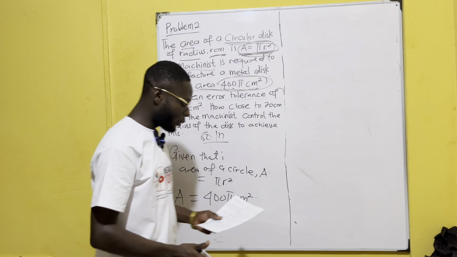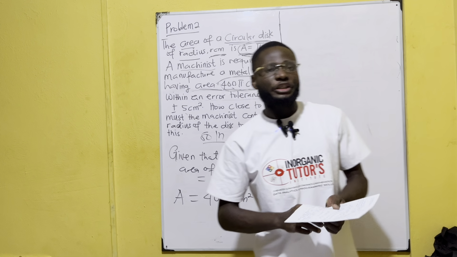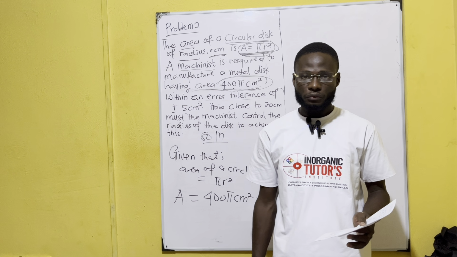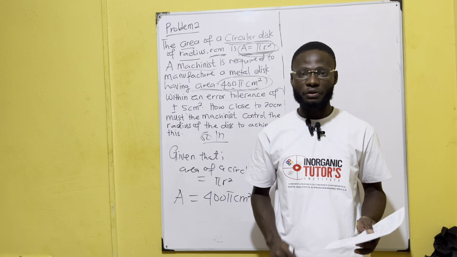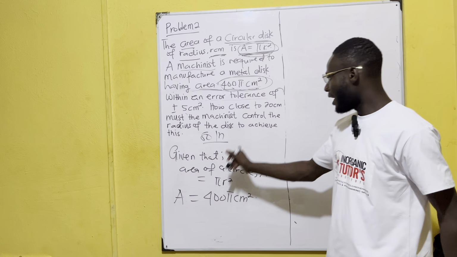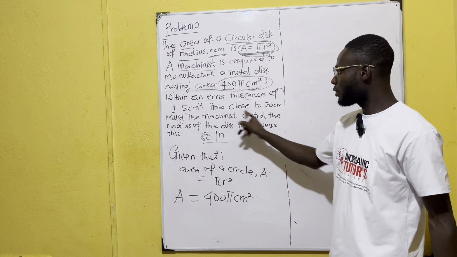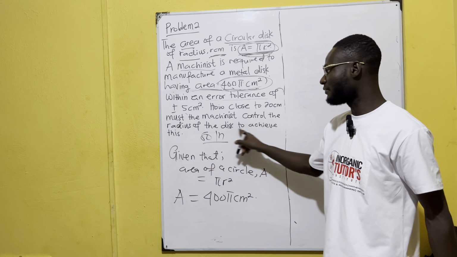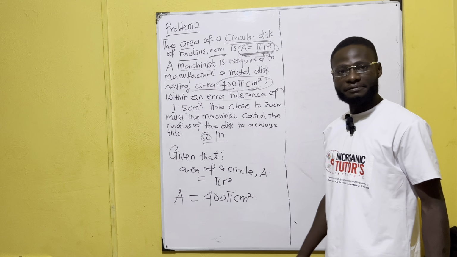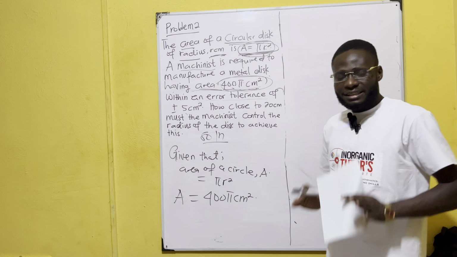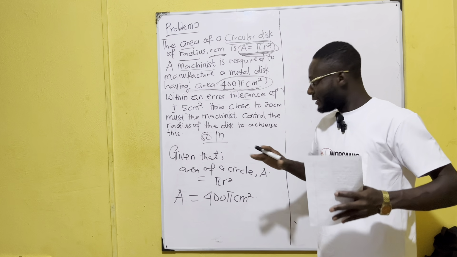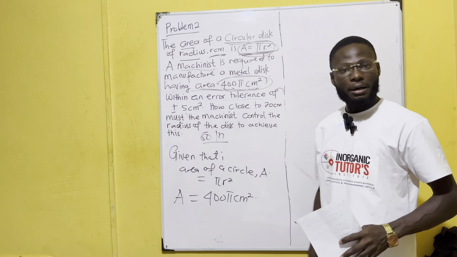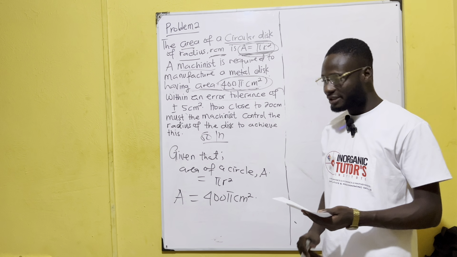Right, so that will correspond to a radius of what? 20 centimeters as given in the problem. How close to 20 centimeters must the mechanic control the radius of the disc to achieve this? So this particular information must correspond to a radius of 20 centimeters.